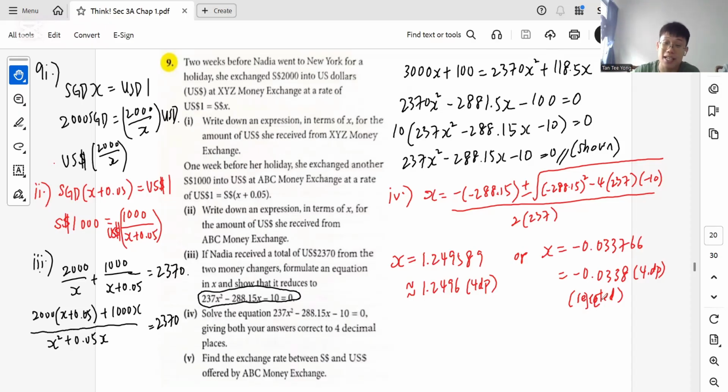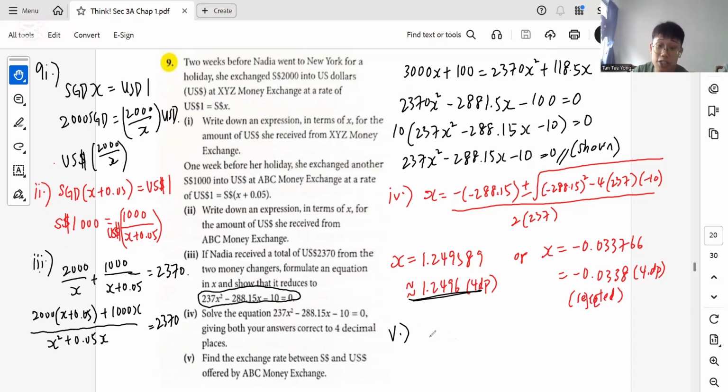Okay, so that means for the answer for part 5, we move on to part 5. Let me write it in black. So for part 5, you must use this, you cannot use the negative value. Find the exchange rate between Sing dollar and USD offered by ABC money changer. Oh, okay.